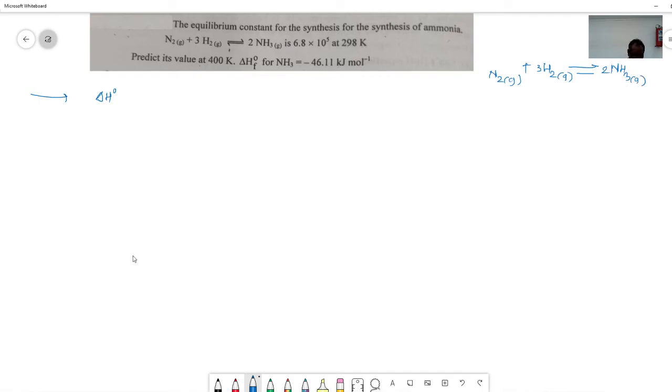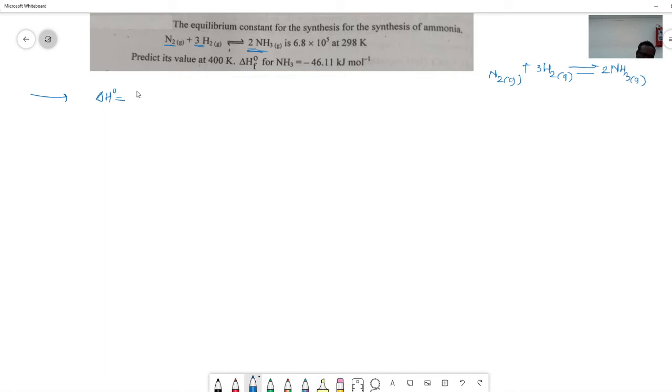Delta H0 is the standard enthalpy of formation of the products minus that of the reactants. Here ammonia is the product and N2 plus 3H2 are the reactants. We learned how to calculate delta H0 in the very beginning of this chapter.